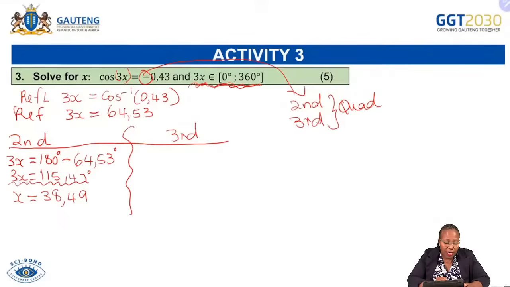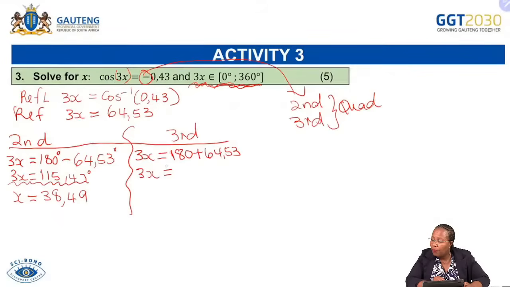And then now on the third quadrant, 3x is equal to 180 plus your reference 64,53. And then 3x will give us 180 plus 64,53, and that will be 244,53.